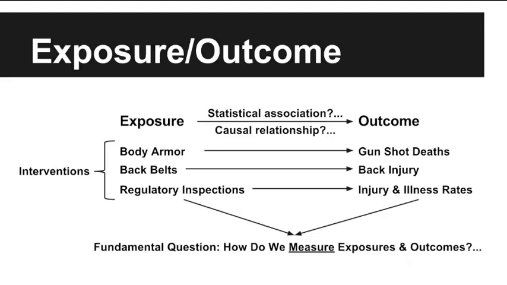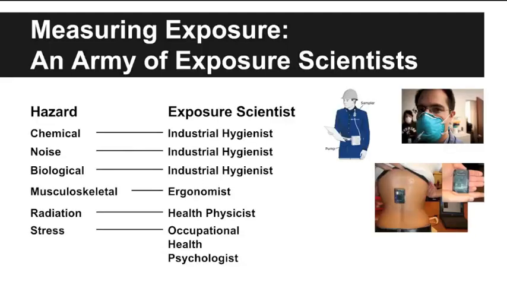But regardless of whether we're looking at an intervention or a possible hazard in the workplace, a fundamental question that epidemiologists think a lot about is how we measure exposures and outcomes so that we can test those statistical associations. Occupational epidemiologists partner with an army of exposure scientists to develop very rigorous exposure assessments in occupational epidemiology studies.